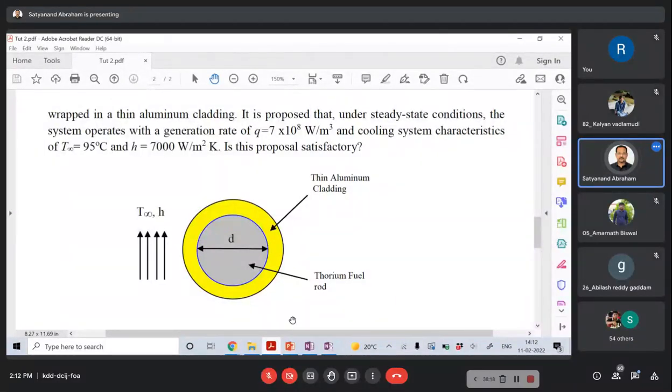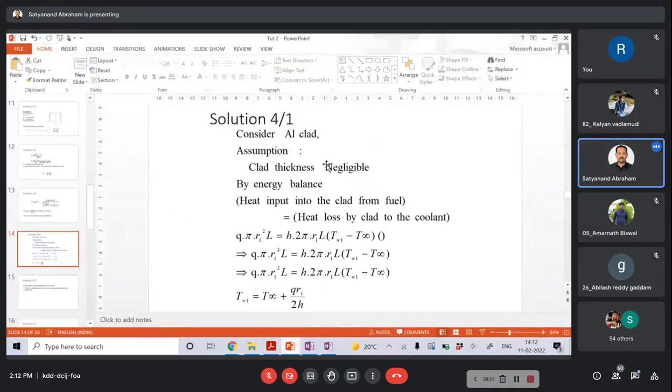So here, by energy balance, the total heat input into the cladding from the fuel is equal to the heat loss from the cladding. So total heat generated is q times the volume, where q is the heat generation per unit volume. And the total volume is pi r square L. If you want, we can keep L as unit length, or we can see that it will cancel off also.